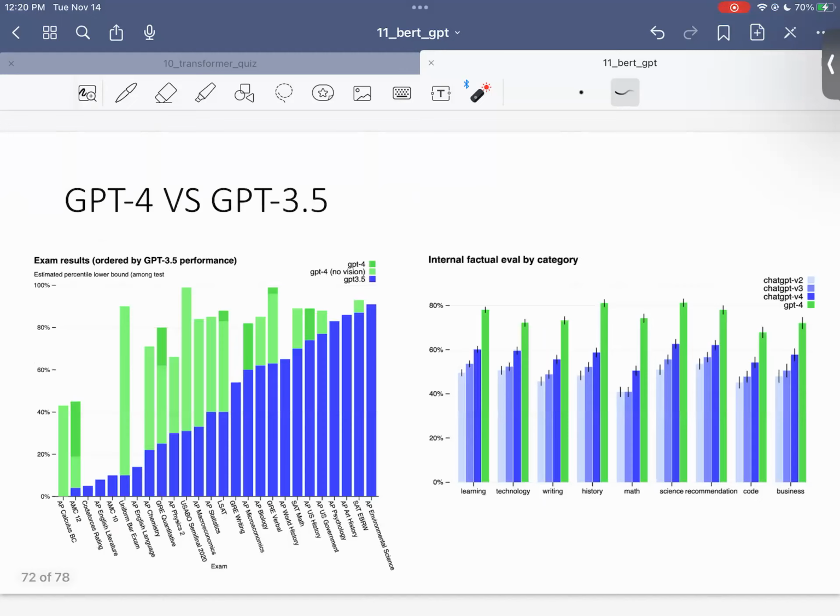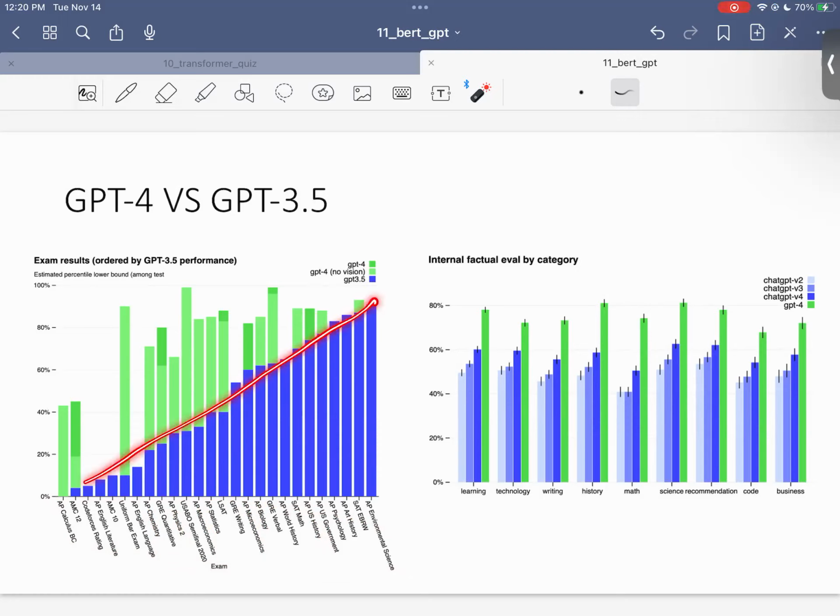So they tried GPT-4 and 3.5 on a bunch of different exams, basically. There's a lot of APs. APs are courses that high school students take in advanced high schools. It's a high school course that teaches undergrad level material in advance to people who are learning fast. So basically, it's early undergrad level material. There's history, biology, microeconomics, macroeconomics, physics, chemistry, and so on. There's a bunch of different kinds of tests.